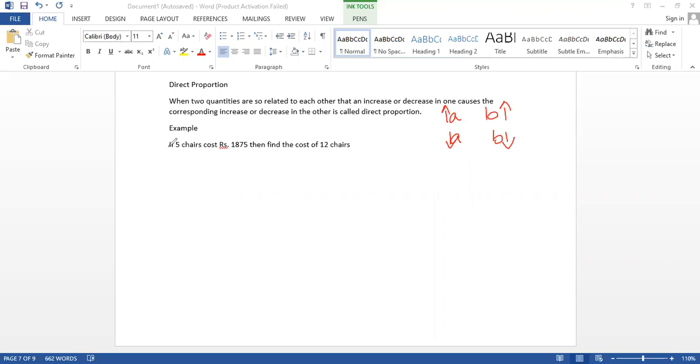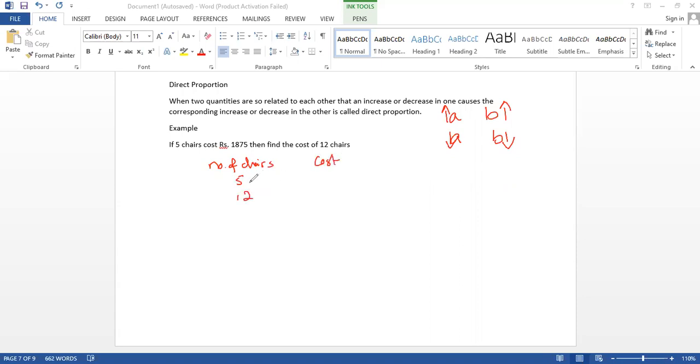Now, for example, 5 chairs cost 1875, then find the cost of 12 chairs. So we have two variables over here. One is the number of chairs, 5 and 12, and then we have the total cost.